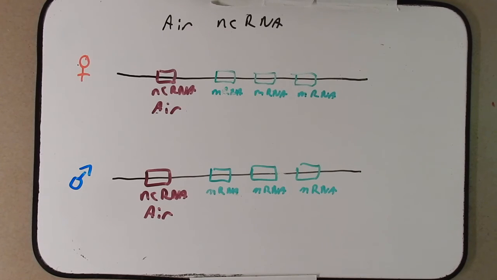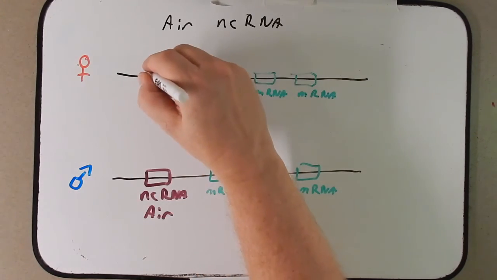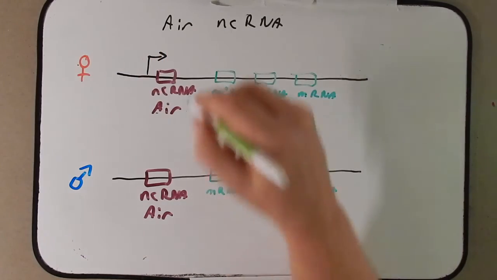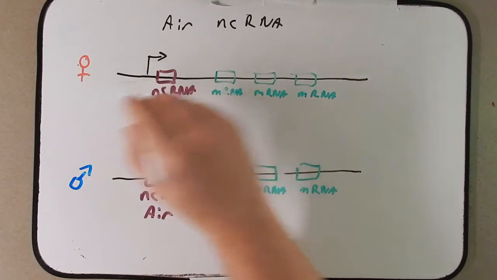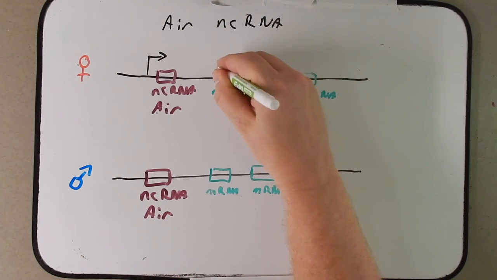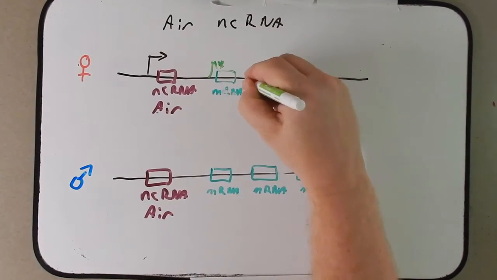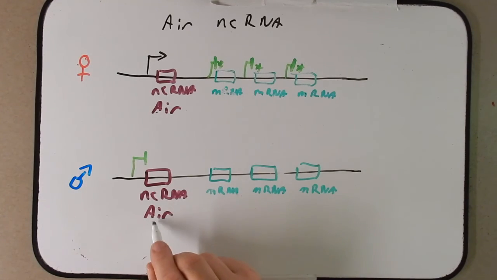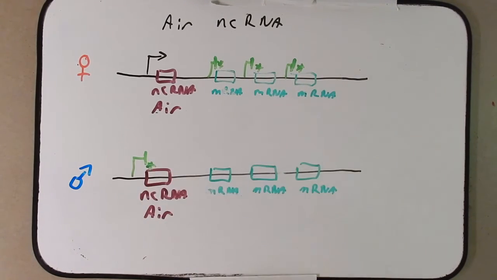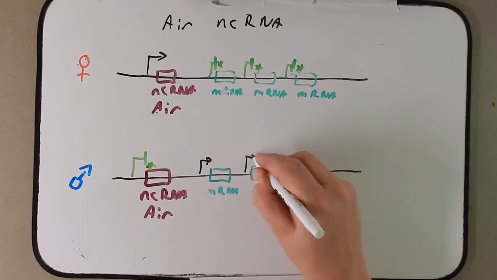We know that the non-coding RNA air from the maternal source is expressed. We also know that the messenger RNA genes from the maternal source here are not expressed. They have a methylation pattern that blocks their expression. The paternal source, the non-coding RNA air, is methylated and is not expressed. But the 3 messenger RNA genes from the paternal source are expressed.